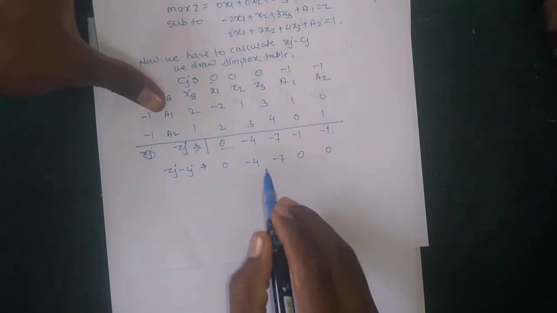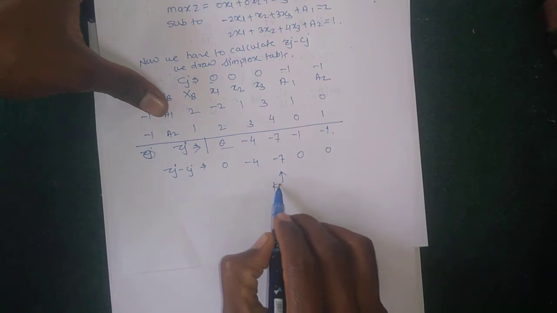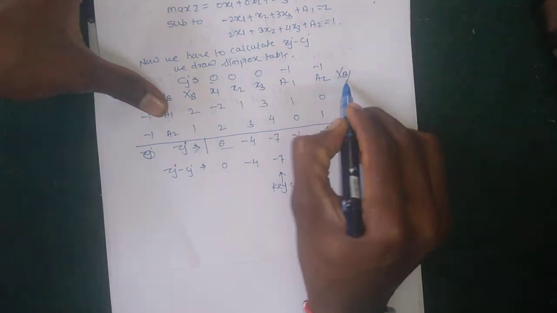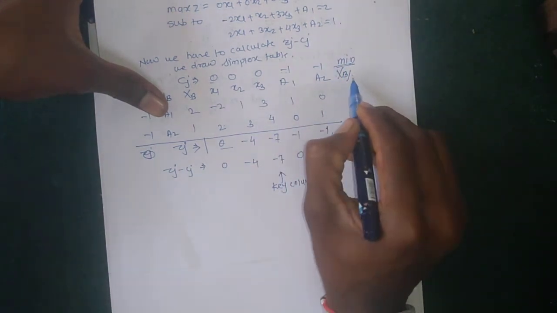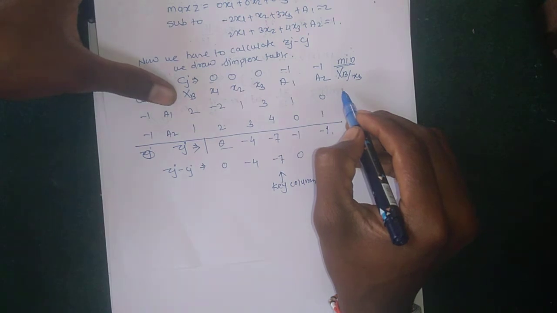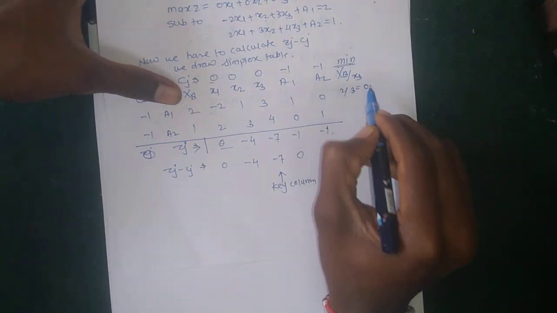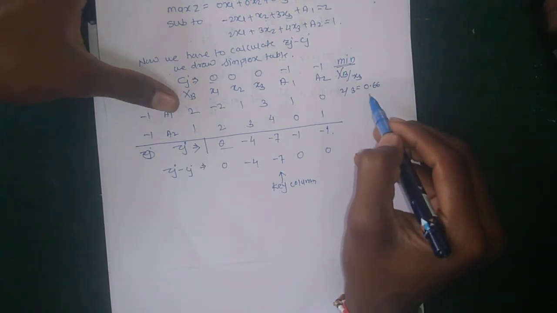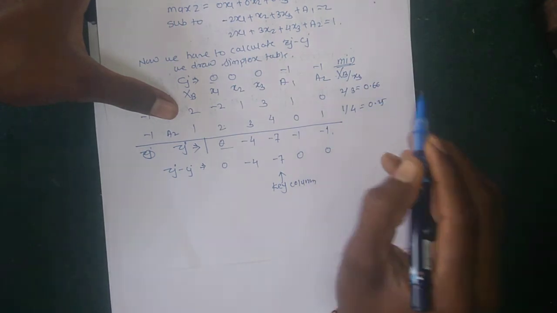So choosing here the most negative. The most negative is -7. Okay, this is our key column. Then find the minimum ratio. Minimum ratio is xb divided by x3. There 2 by 3 is equal to what value? 0.66 something. Okay, and 1 by 4 means 0.25.